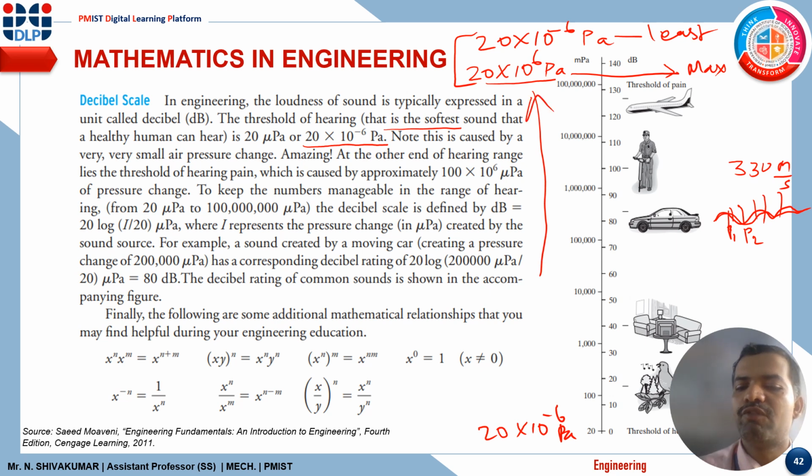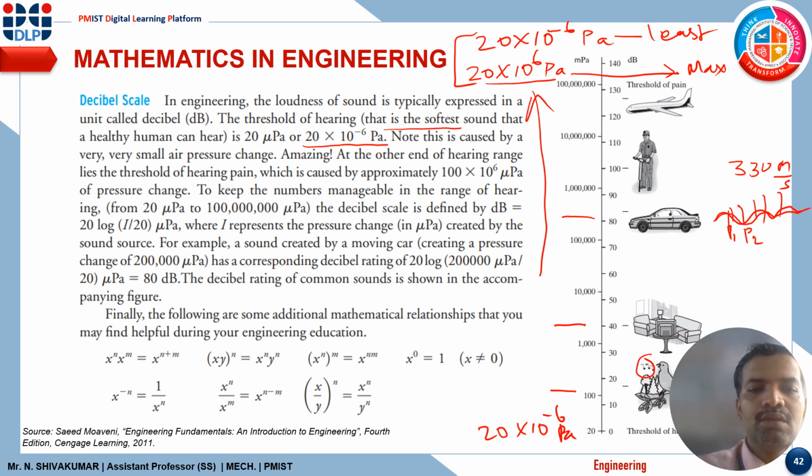From here you can see, this is 100 millipascal, the sound of birds is around 100. The office environment is around 1000. A car is 10,000 to 1 lakh millipascal. Like that it is going.